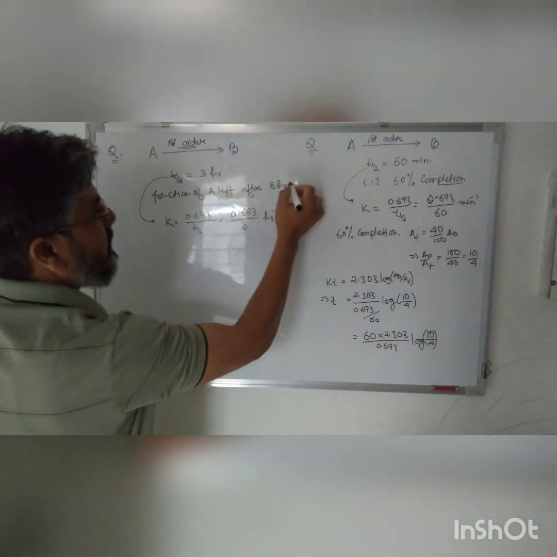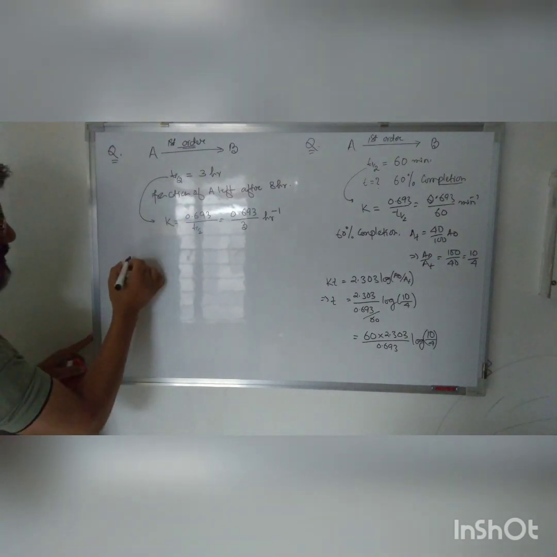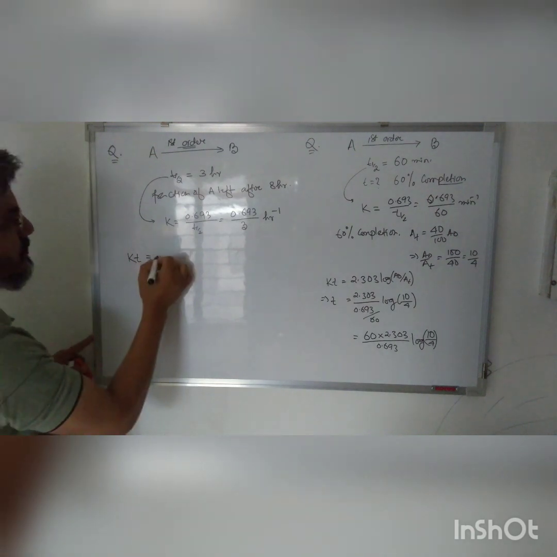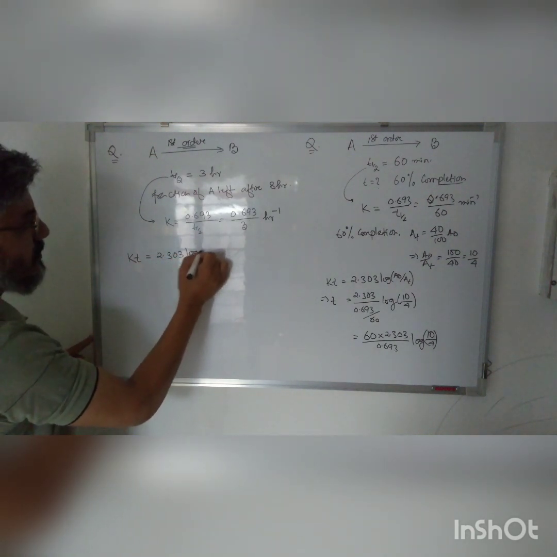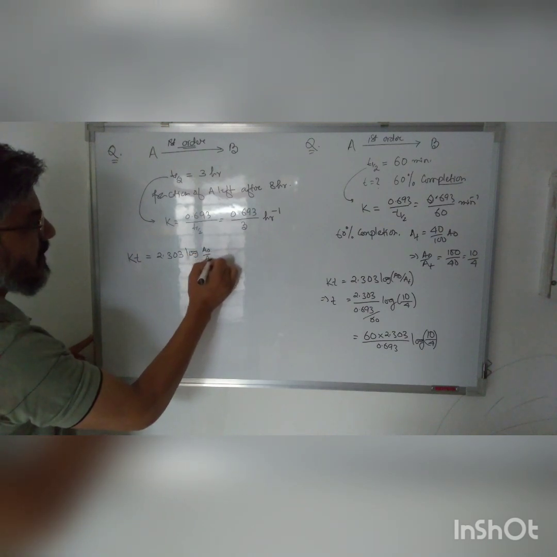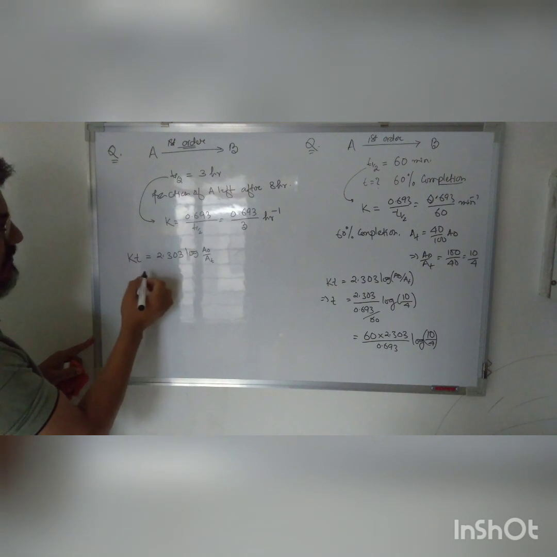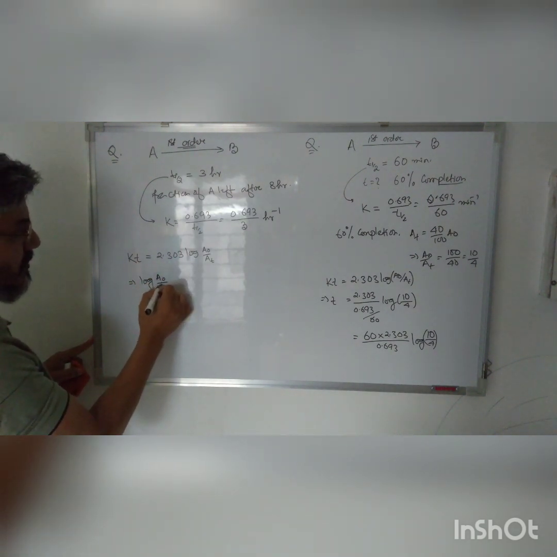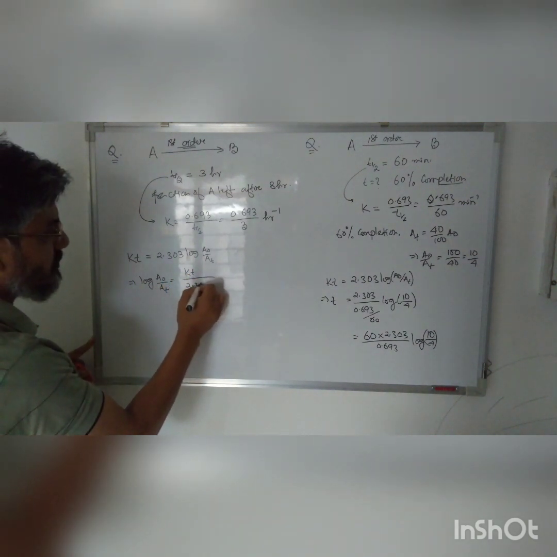So we have to use the integrated equation which says Kt is equal to 2.303 log A naught by A, or therefore log A naught by A is equal to Kt by 2.303.